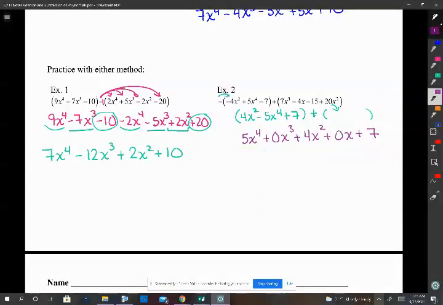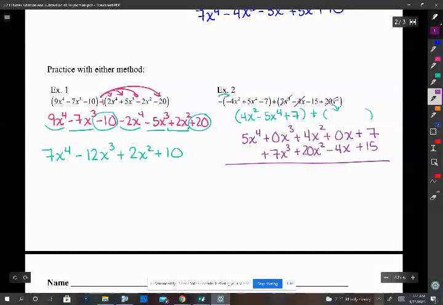So when I look at my second one, I don't have a power of 4. So I'm going to put the 7x to the third under the x to the third term. So this is going to be a 7x to the third, positive 4x squared. So I'm going to put the 20x squared underneath the x squared term. I'm going to put the 4x underneath the x term. And I'm going to put the constant under the constant term.